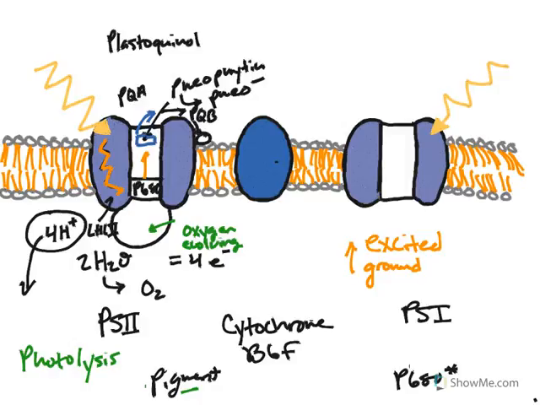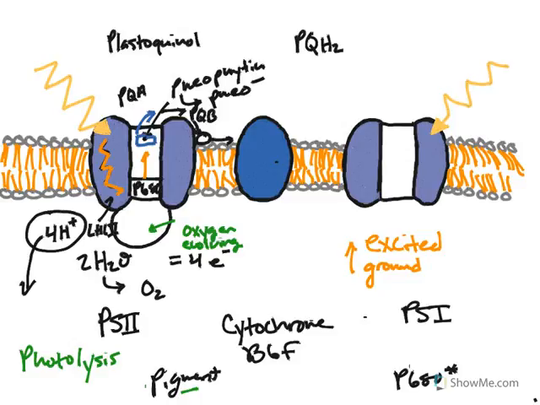So plastoquinol is going to travel either on the outside of our thylakoid membrane on the stroma side, or really close to the stroma side. And while it's traveling to our next complex, cytochrome B6F, it's going to pick up 2 hydrogen ions due to the 2 electrons it's carrying. At that point, we refer to it as PQH2, or plastoquinol carrying 2 protons.